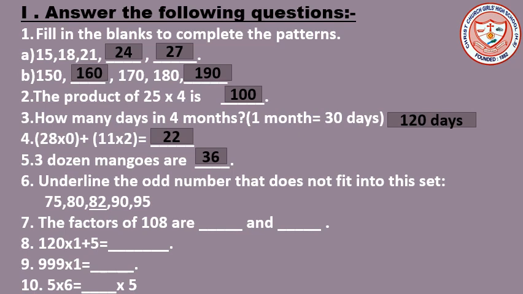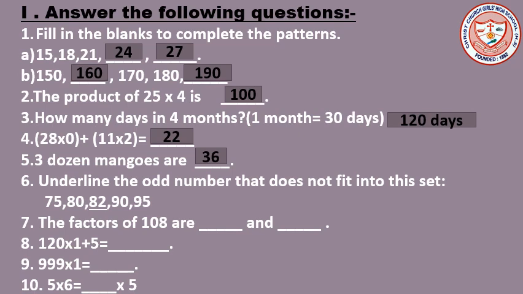Now let us try out question number 6. Underline the odd number that does not fit into this set. So we have to underline the odd number that does not fit into this set.